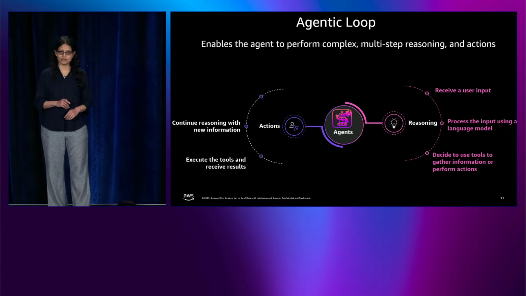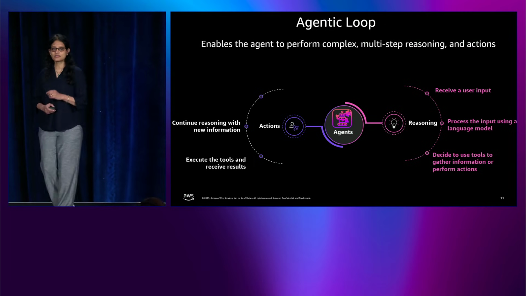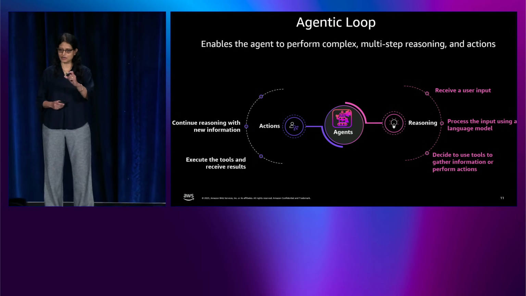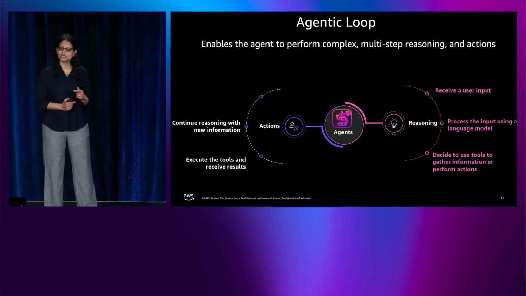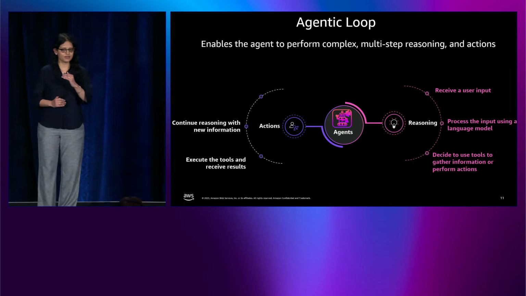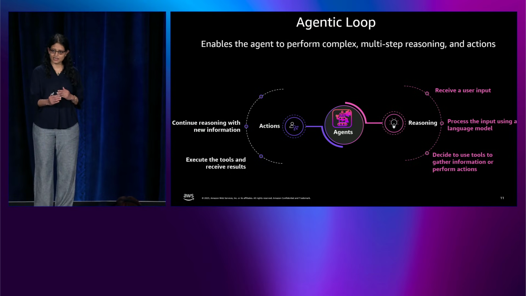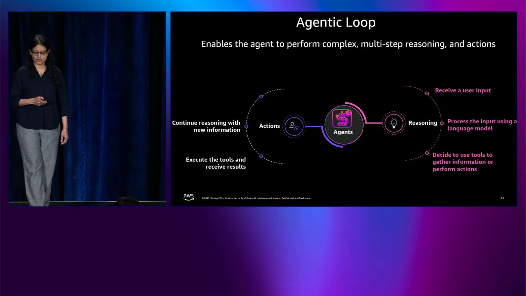And this context goes back to the LLM, where it's able to see, get, and perceive from the new information it got, and then figures out what next step it has to take. So this loop of reasoning, as well as taking the action till your goal is met is what is the agentic loop.